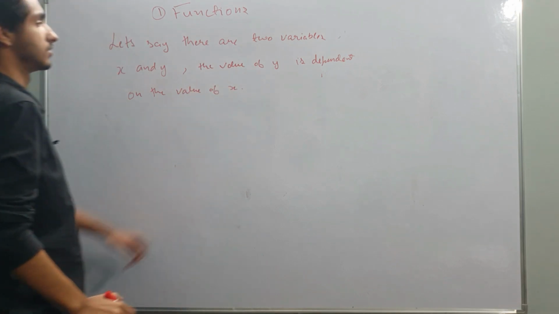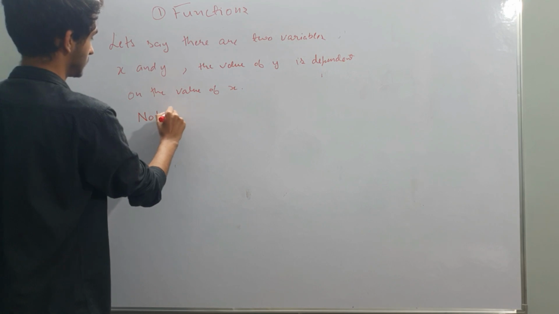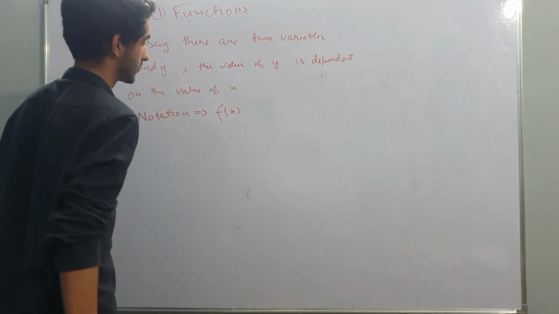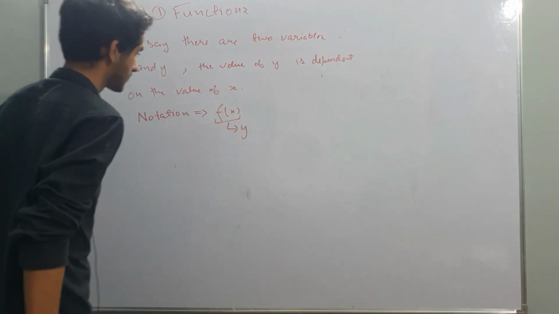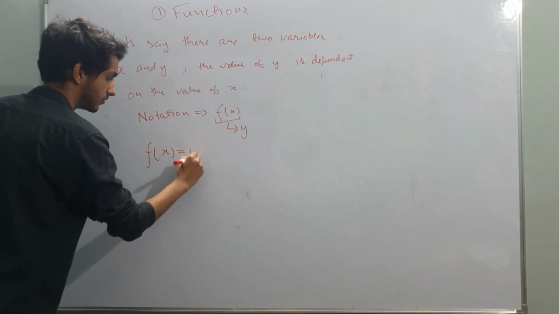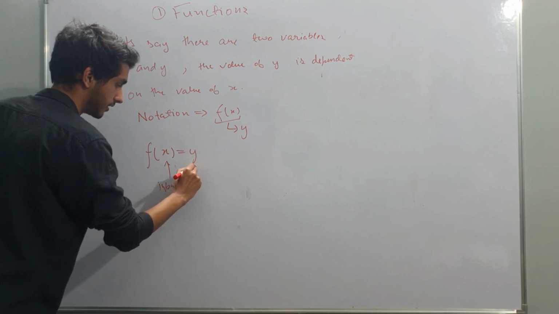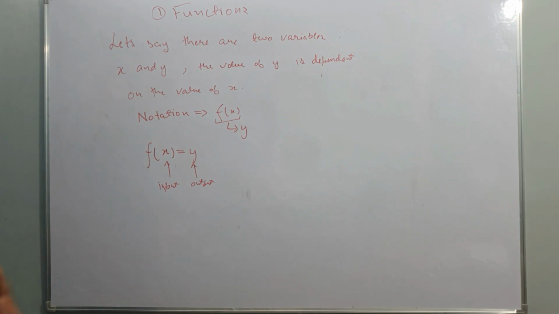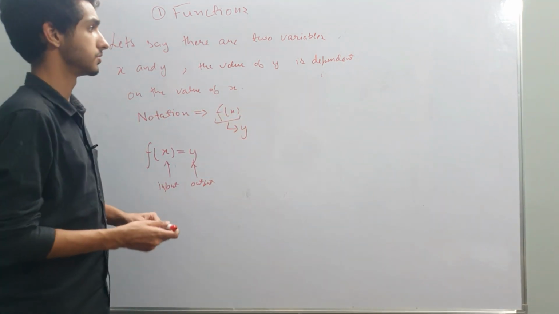So this is what a function is, and the general notation for function is function of x, and function of x can also be denoted by y as said earlier. So we can basically write function of x is equal to y, where x is the input value and y we get as the output value. So as x varies, the value of y will also vary.